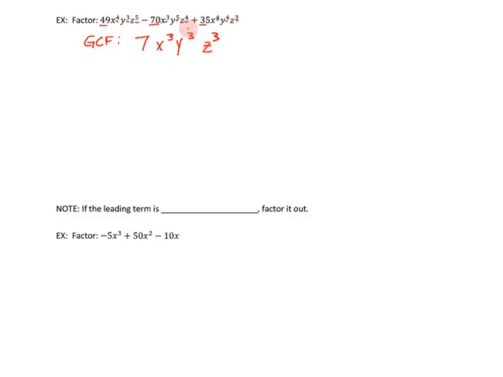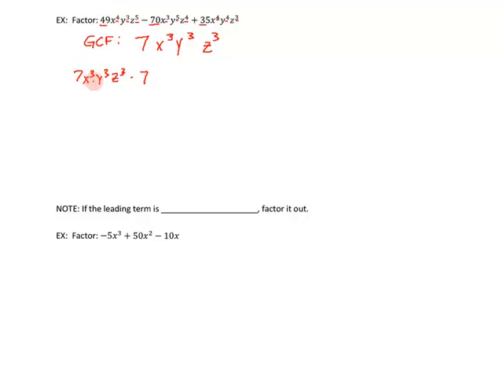Okay? Now, what you want to do is take every one of these expressions that are the terms of the original polynomial and write it as 7x cubed, y cubed, z cubed times something else that would equal 49x to the 4th, y cubed, z to the 5th. So 7 times what gives me 49? The answer is 7.